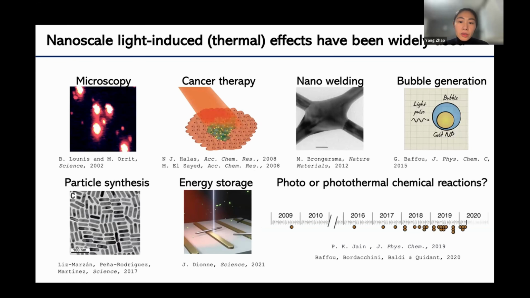In the field, there is also discussion about whether all these interactions are induced by photo effects, photoelectrons, or photothermally induced chemical reactions. There has been a growing number of studies and review papers talking about what kind of effect is actually associated with that.